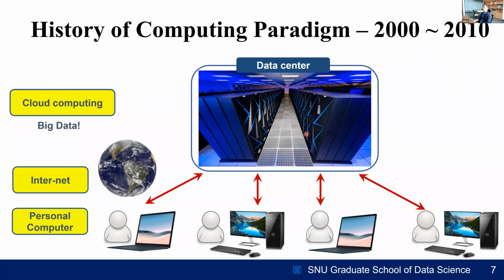And to solve the problem, computing technology stepped forward so that multiple server computers could collaborate together, which resulted in, as you can see here, cloud computing. Now we have a data center comprised of a number of server computers that process and store data in a distributed manner. So in that period of time, the main computing paradigm went back to the server here, right?